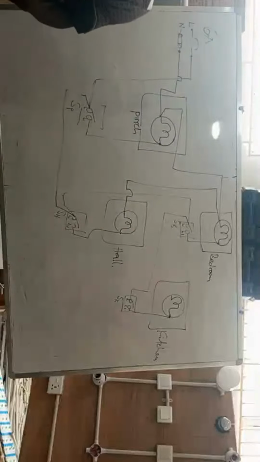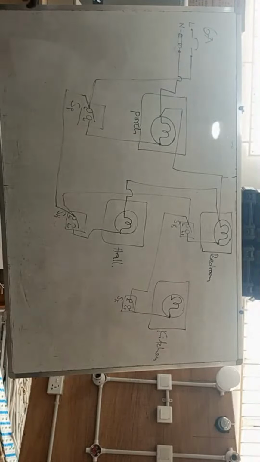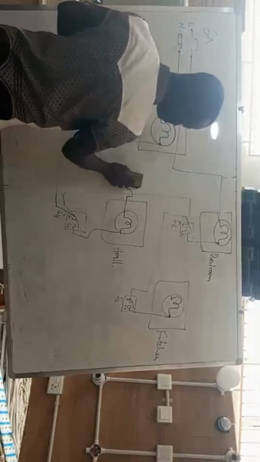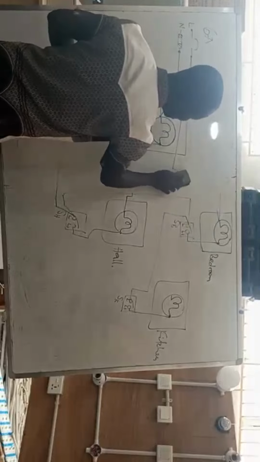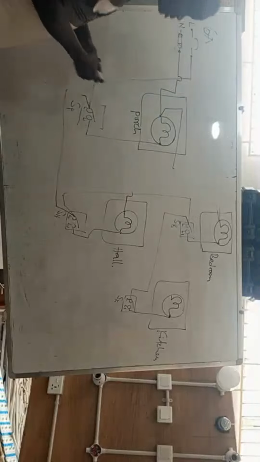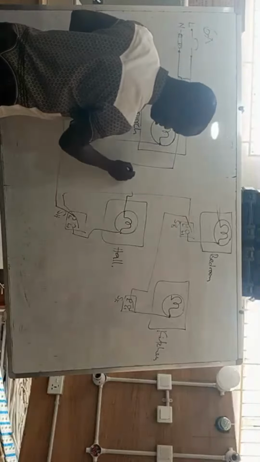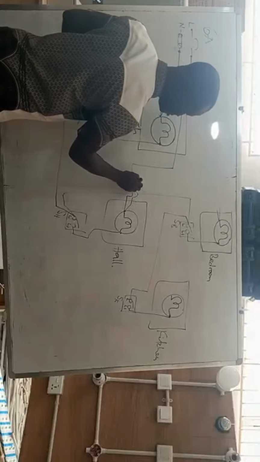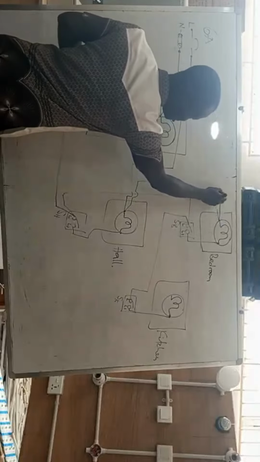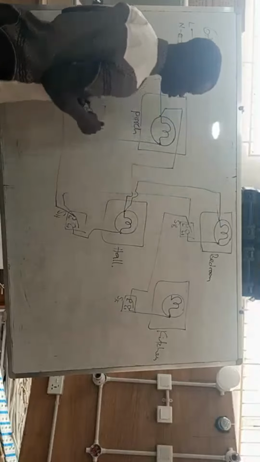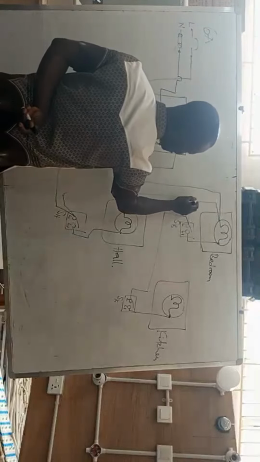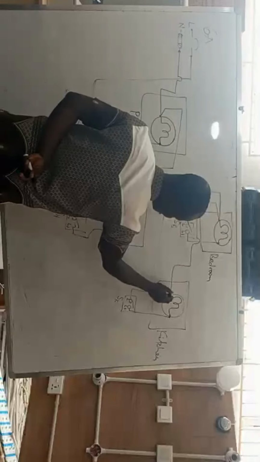Okay, so this should rather come here, and then we take a loop from here to the one in the bedroom, and then we take another loop from the bedroom to the kitchen.